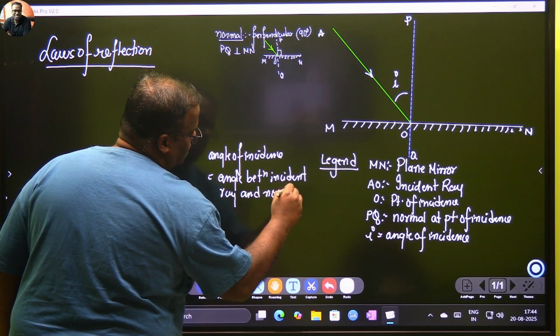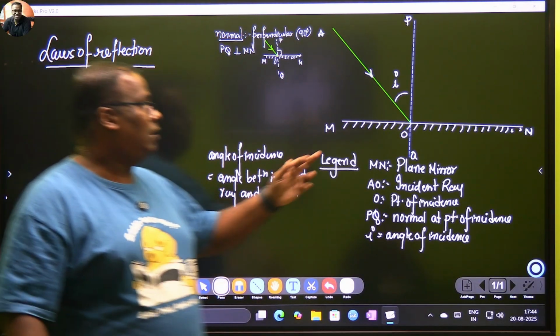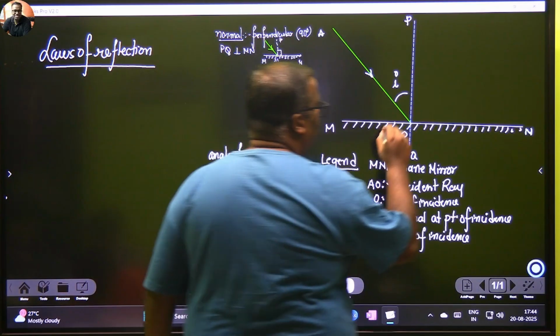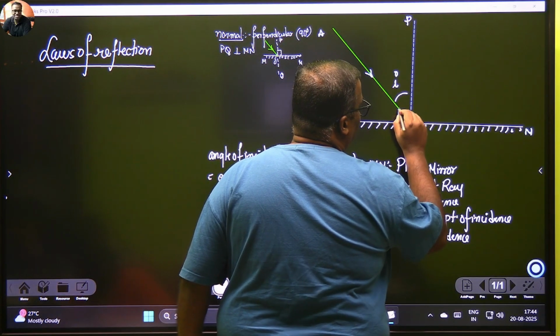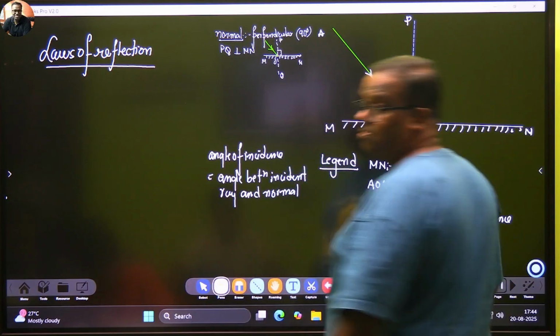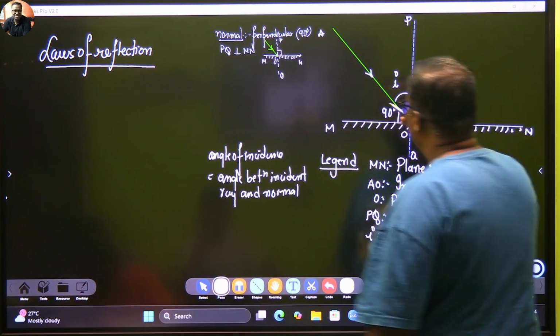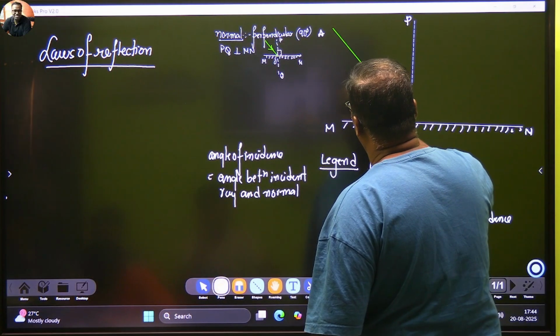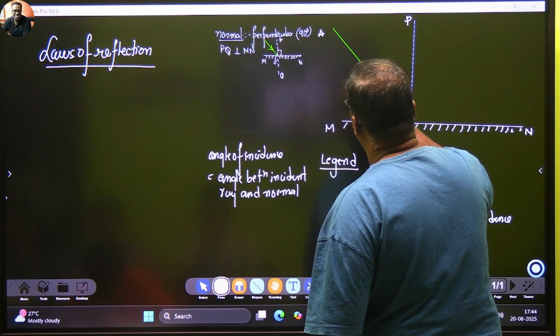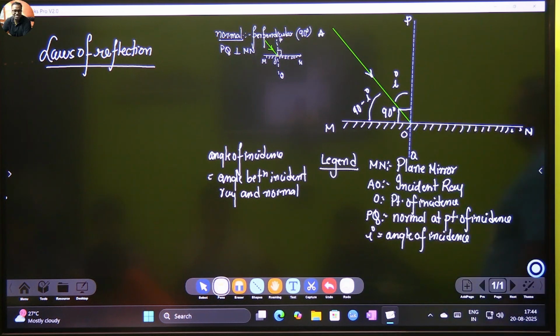Look at the diagram out here. Since this is a normal, don't you think that this whole angle should be 90 degrees? Yes. And this is i, which means this angle should be 90 minus i. These are known as complementary angles. When two angles add up to 90 degrees, we call them complementary angles.